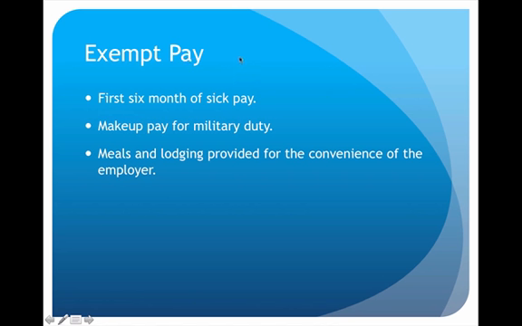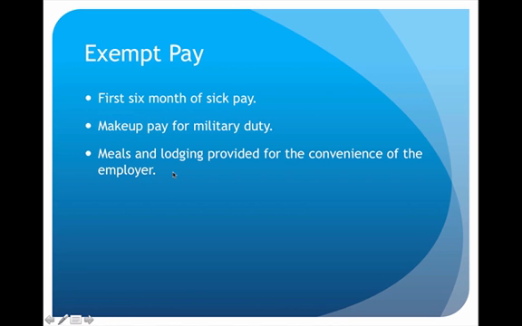But at the same time, of all the things that have to be included, there are also certain things that are exempt. What could we leave out of that taxable base? Well, first of all, the first 6 months of sick pay can be left out. That's exempt from Social Security taxes. Make-up pay for military duty is exempt. And also, any meals and lodging that were provided for the convenience of the employer.